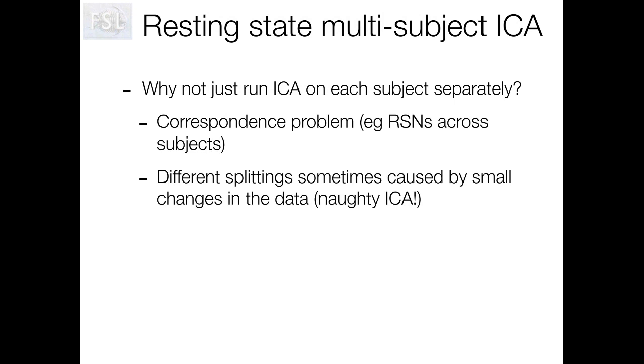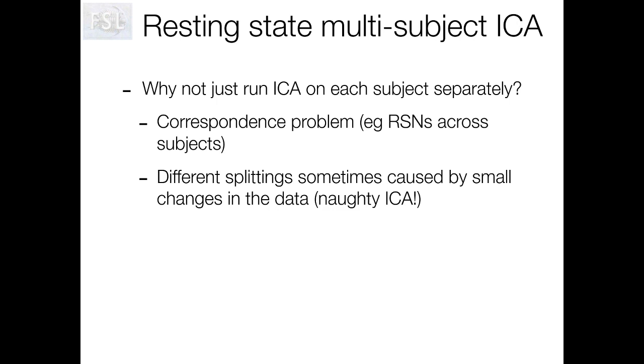When we run ICA on different data sets, we have no guarantee that we will get the same set of components. ICA is very sensitive, and small differences in the data may result in a particular signal being decomposed as a single component from one data set, but being split into several components in another data set.